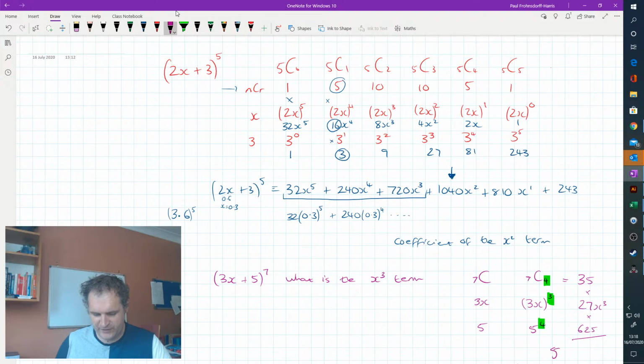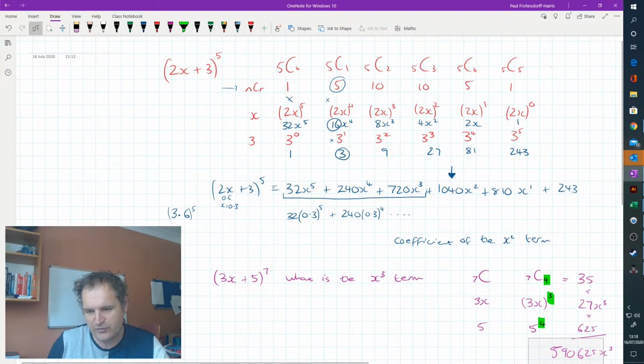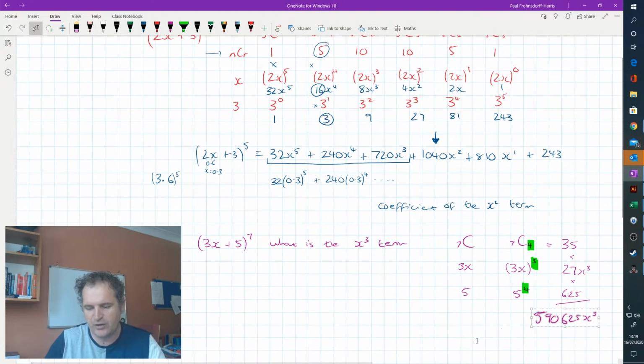Don't be put off by the fact the answer is 590,625 x cubed. That would be the final answer. Now I don't know if that is all fitting on the screen, and it's important that it does, so I'm going to move it over a bit so we can all see what's going on there.